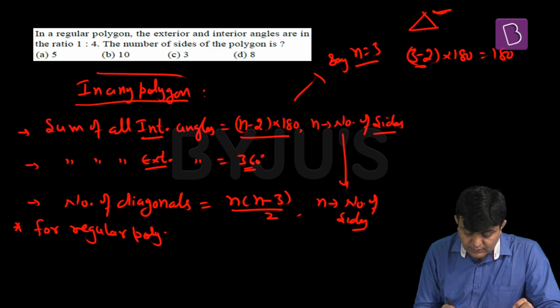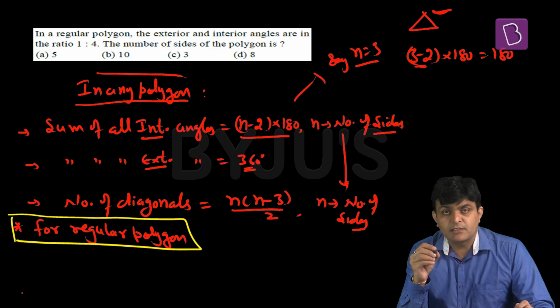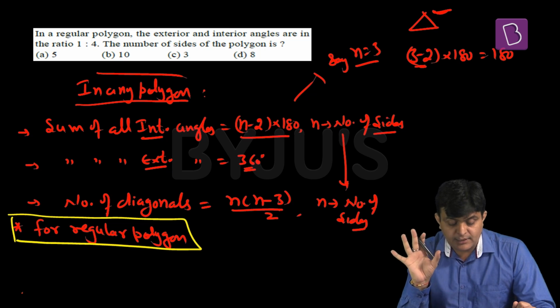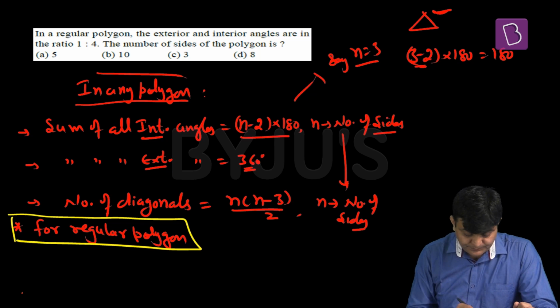And two important formulas for a regular polygon. A regular polygon means all sides are equal and all internal angles are the same. These are regular polygons, and if any one property is missing, then the polygon is said to be irregular, meaning a general polygon.